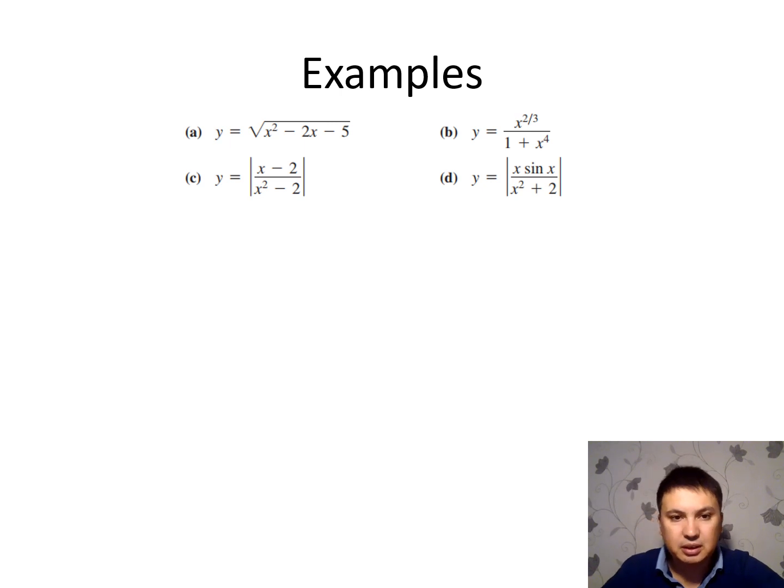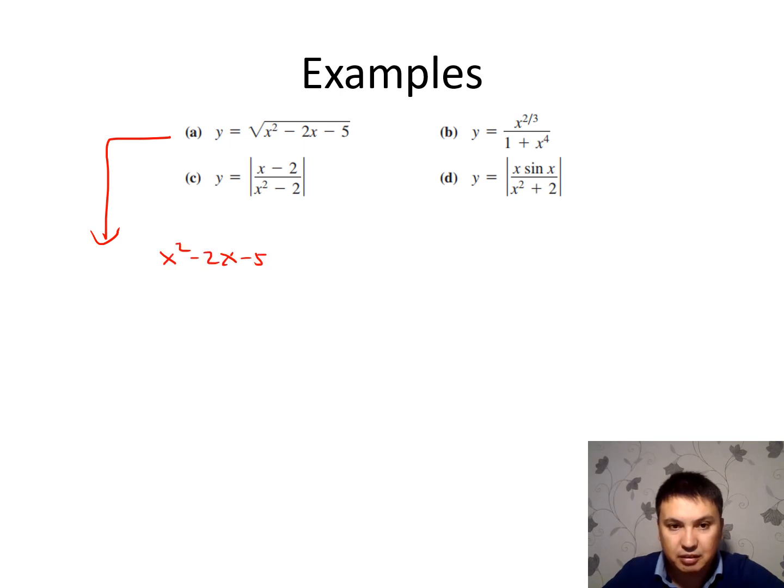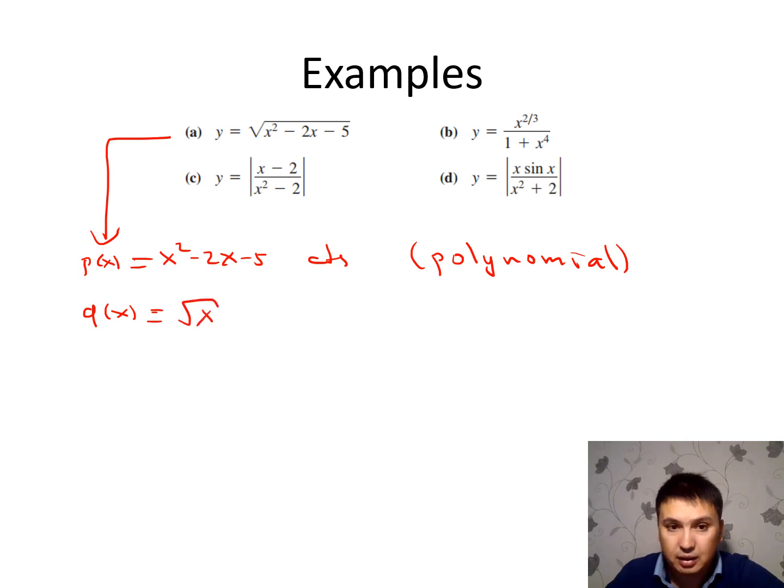Okay, some examples. So let me start with A. So what do we know? Well, x squared minus 2x minus 5, if I denote it by p of x, is continuous everywhere because it's a polynomial, right? Well, taking the square root, let's call it q of x, is continuous if x is non-negative, right?